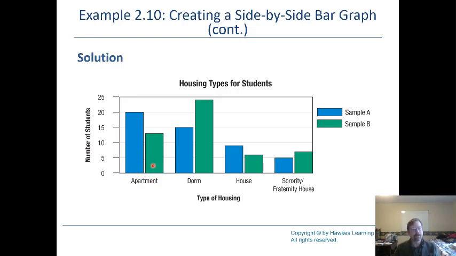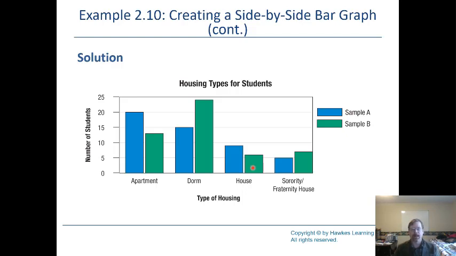It doesn't make sense to present this as a Pareto chart anymore, because even though sample A is listed from highest to lowest, sample B is not. It doesn't quite match anymore in that way.